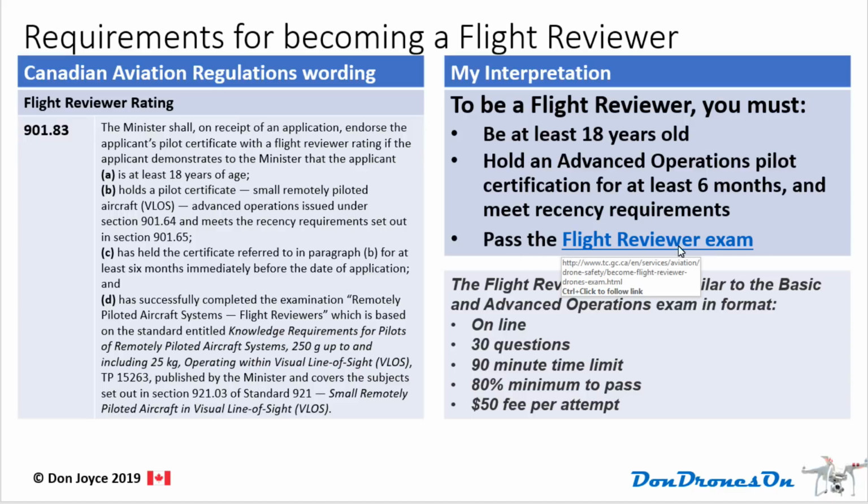And you have to pass the flight reviewer exam, which is another one of these online exams. It's similar to the basic or advanced operations exam. It's online, it's 30 questions, there's a 90-minute time limit, and you have to pass 80% of the questions. The tricky part is that there's a $50 fee per attempt. This is the exam to become a flight reviewer.